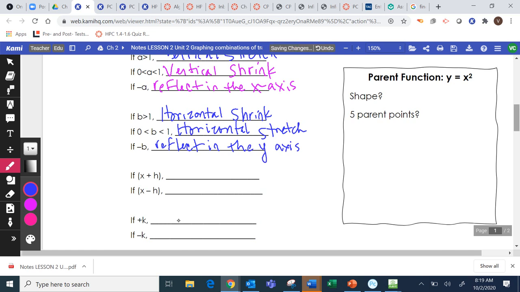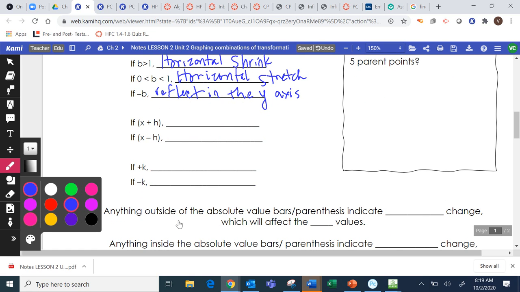What if inside of the function we have x plus h? Holland, what will an x plus a number tell us to do? Go left or right. Which one will plus tell me to do? Left. Correct.